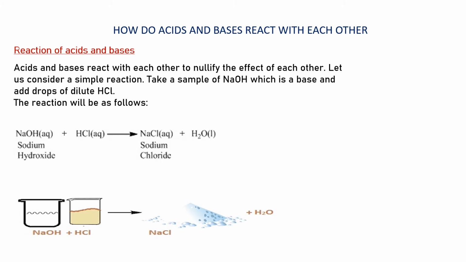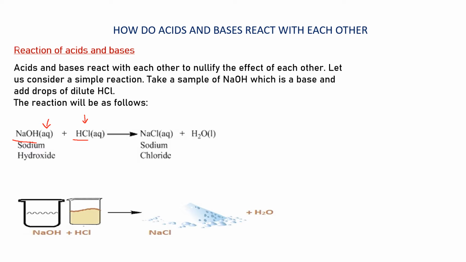How do acids and bases react with each other? This is a very simple reaction you have been learning right from your 7th standard. When acids and bases react with each other, this is a strong base, this is a strong acid. Aqueous solution means you have mixed the substance with water. How to form an acid and water solution we are going to learn very soon. When you add a base to water, those bases are called alkali.